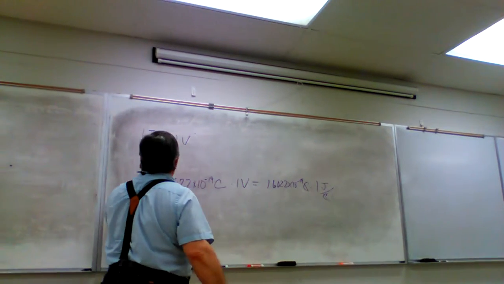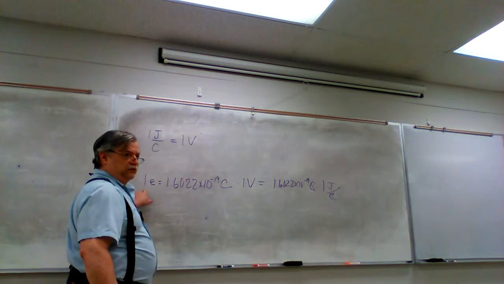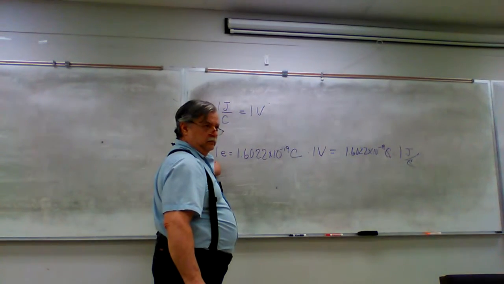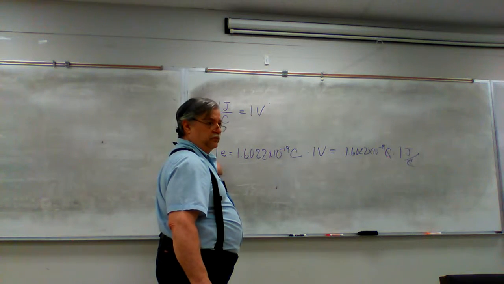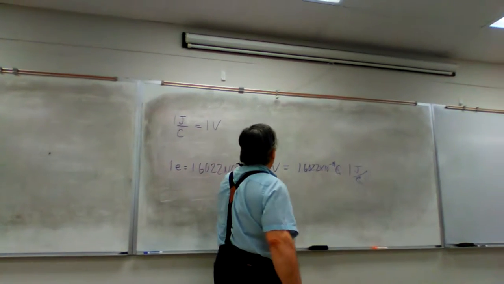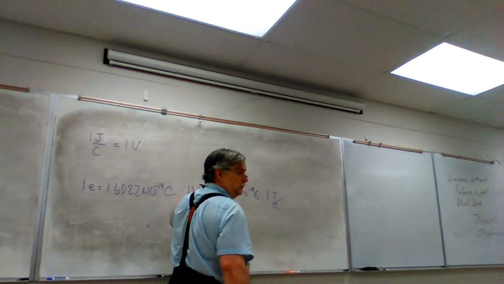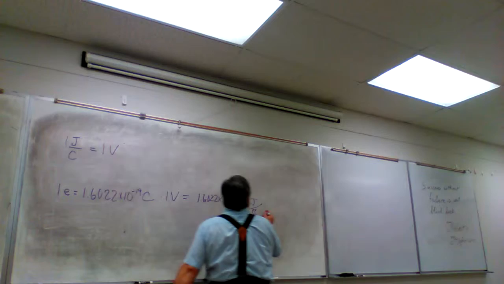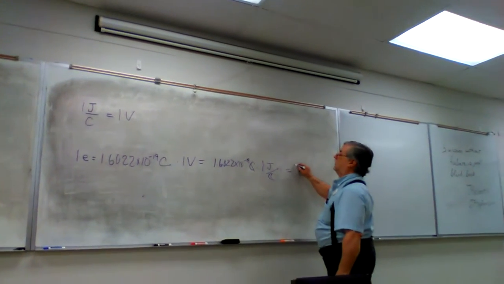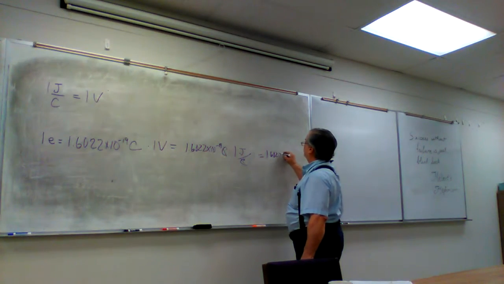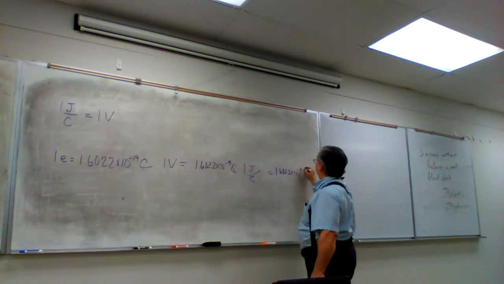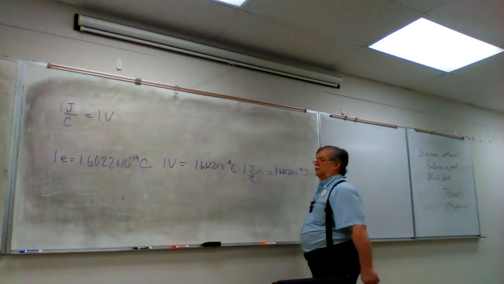So if you take the charge of a single electron, 1 electron's worth of charge, and you push it across 1 volt, you end up with 1.6022 times 10 to the minus 19 joules of energy.